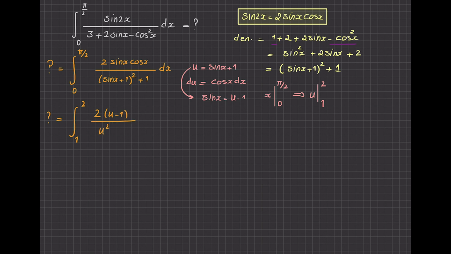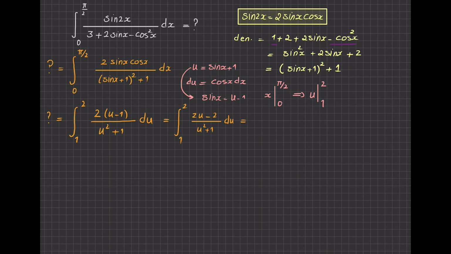So it is u squared plus 1 du. I will try to decompose this fraction into 2 fractions. Let me multiply 2 in. So this becomes 2u minus 2 divided by u squared plus 1 du from 1 to 2.